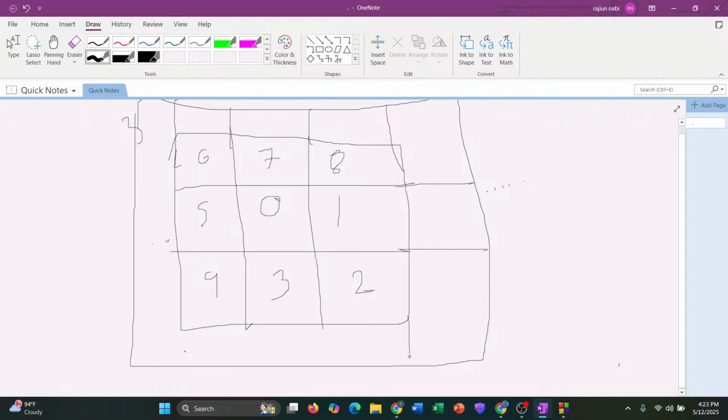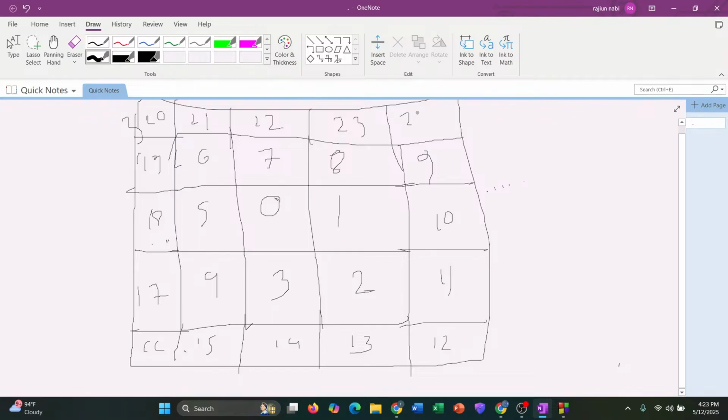I mean, a bigger grid like this. The pattern will be this is 8, this is 8, this is 8, this is 8. This is 9, 10, 11, 12, 13, 14, 15, 16, 17, 18, 19, 22, 23, 24.